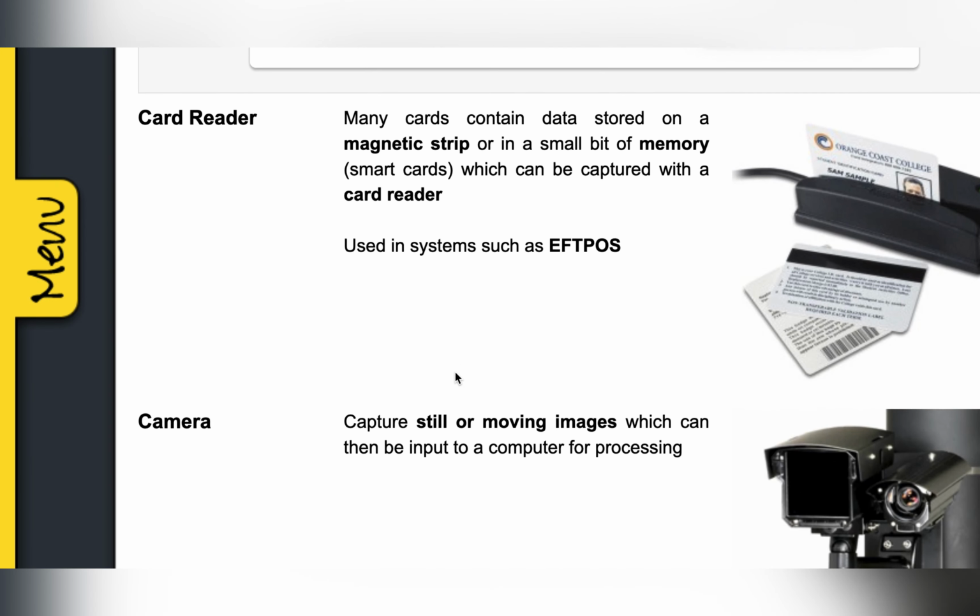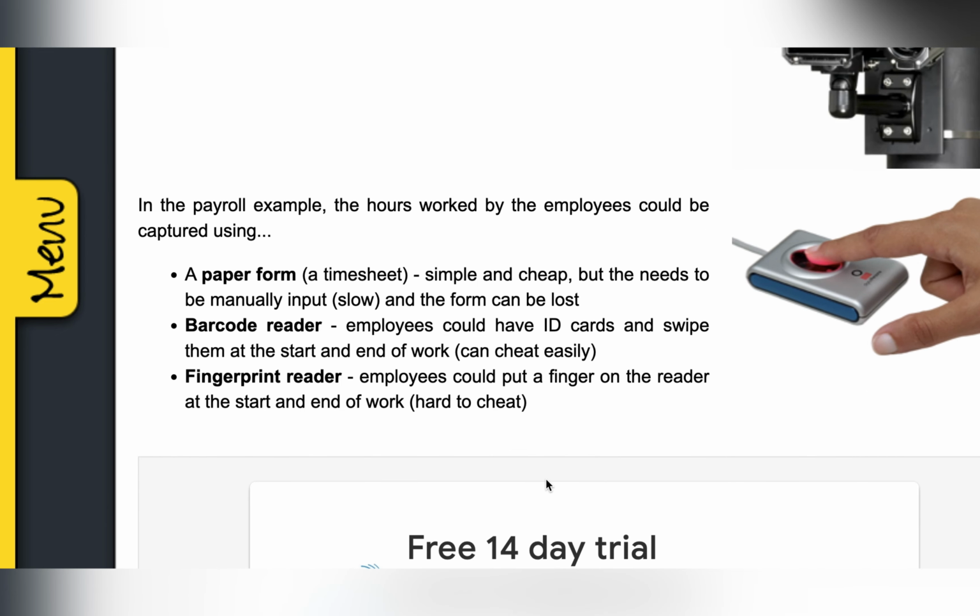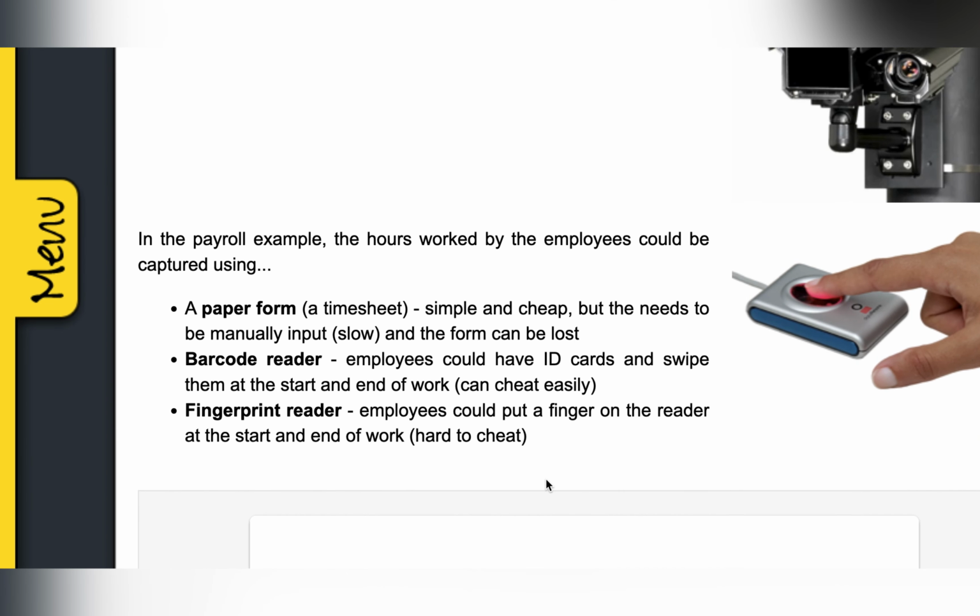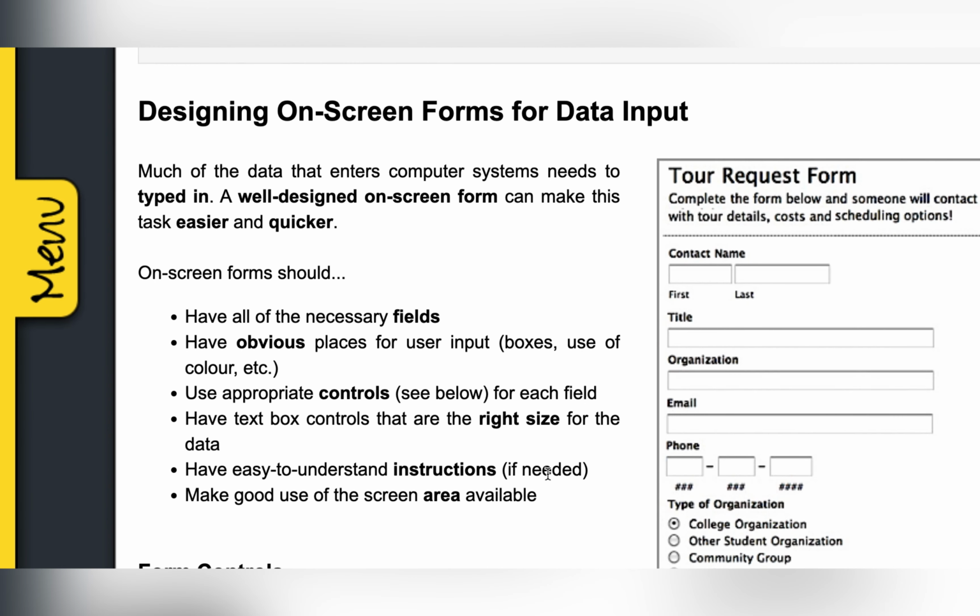Another way of inputting data is using a camera. A camera can capture still or movie images, which can then be input into the computer. Another way is using your fingerprint. A fingerprint reader will read your fingerprint and all your information will be input into the computer.